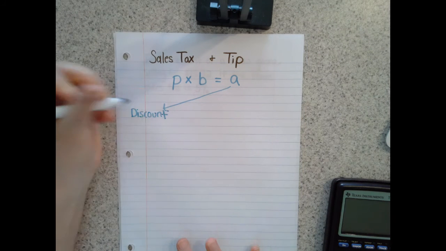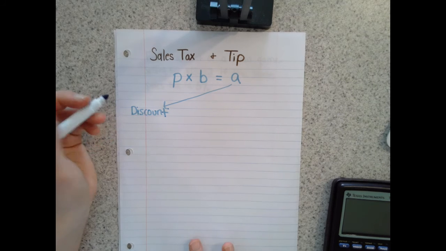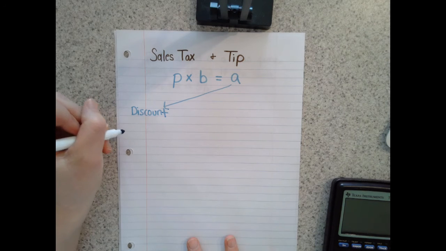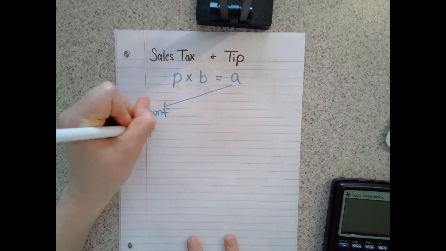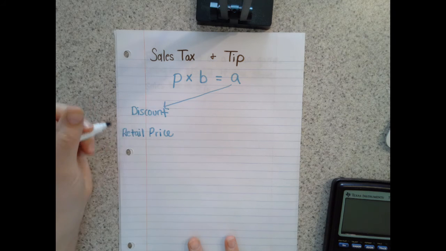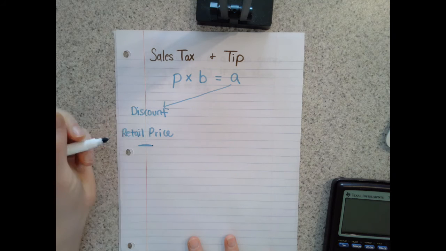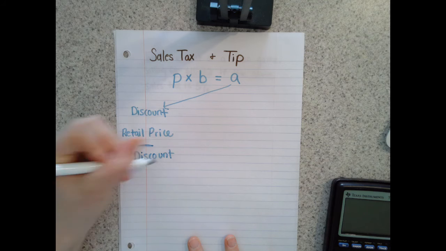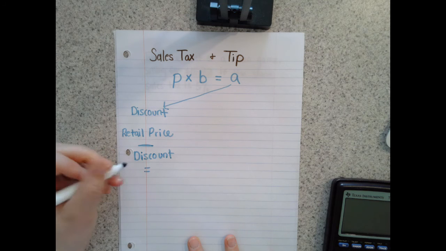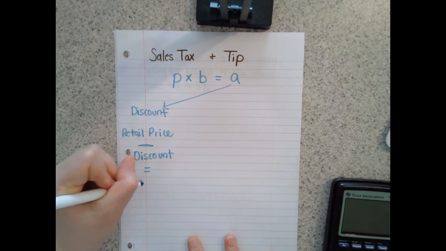And remember, to find the sale price, you take the retail price minus the discount, and that equals the sale price.